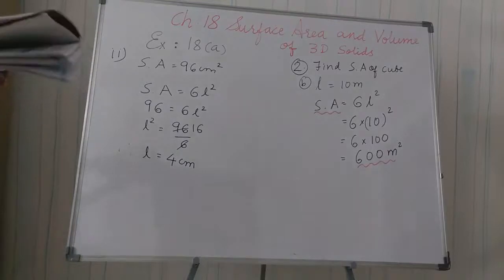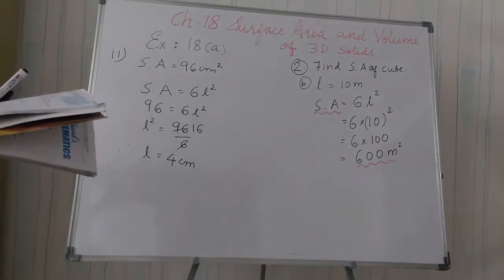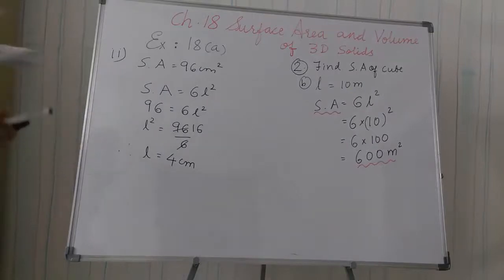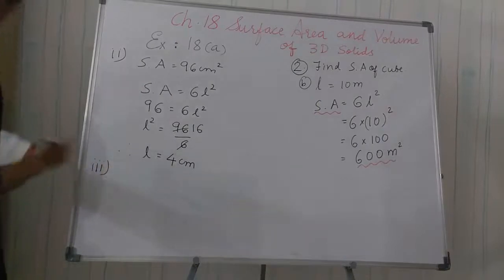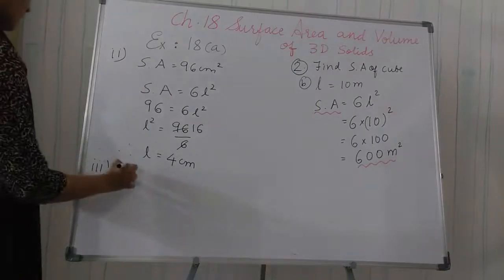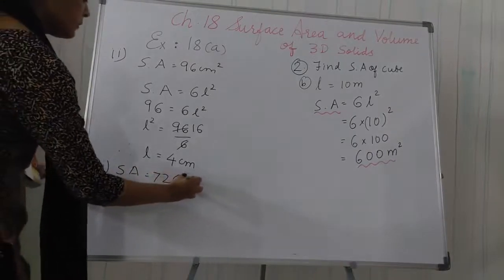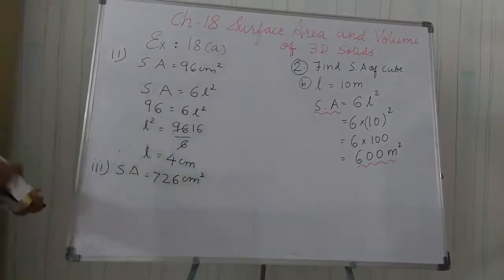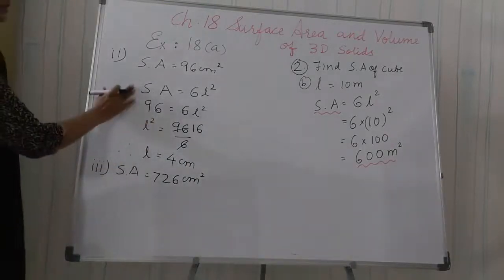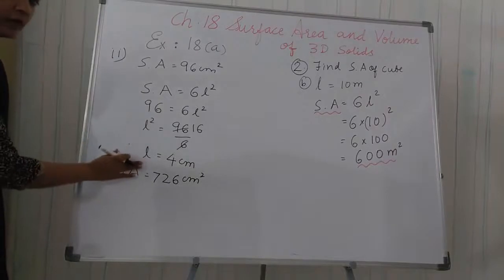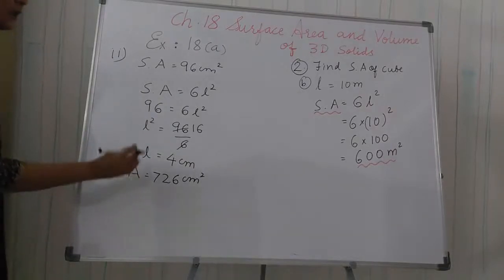Then third, the total surface area of a cube is 726. So here in the third part we are given total surface area as 726 centimeter square. We want to find the volume of it. So again students, we are using the same method. First I will find the length of the cube and then I will find the volume.